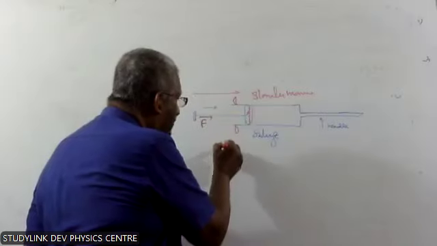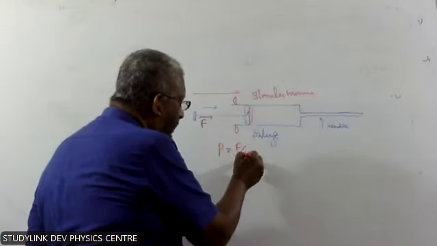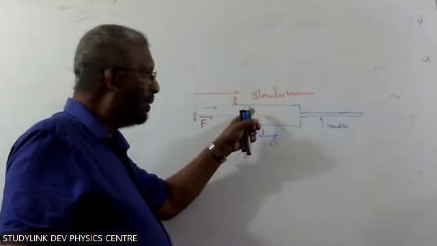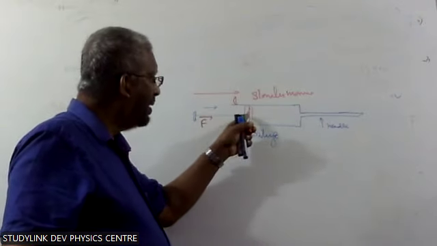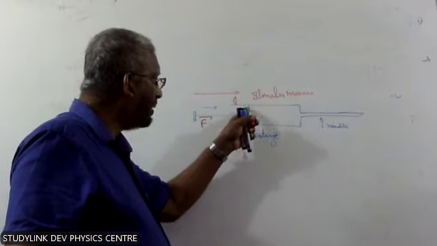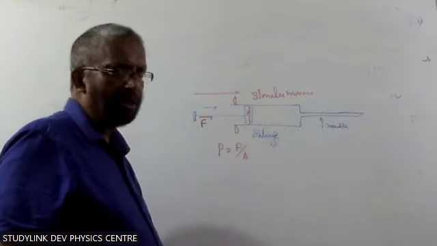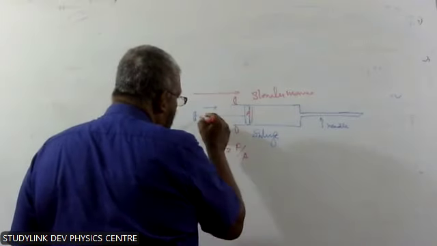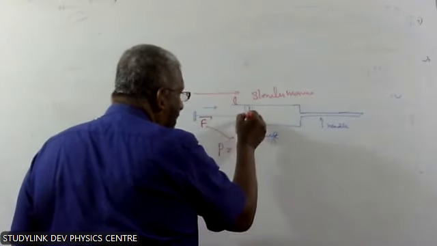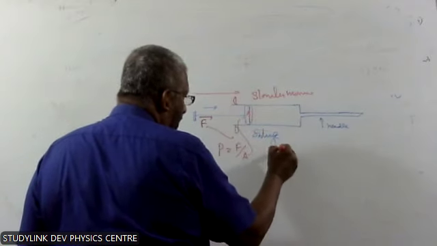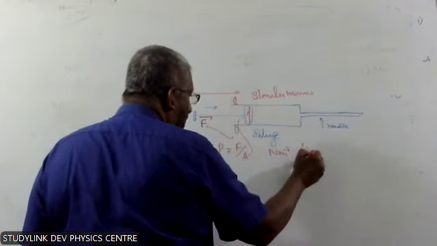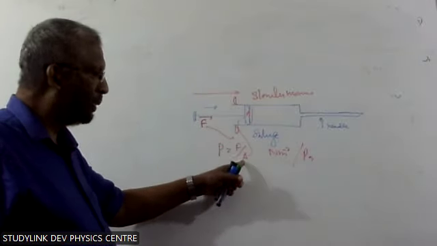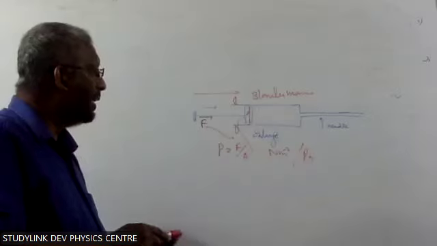Then pressure is F over A. If they ask you to find the pressure due to the force given to the liquid by the syringe, use P equals F over A. This is the applied force. A is here. Then it comes in newton per square meter or pascal. You can find it. This should be in newtons, this should be in square meters.